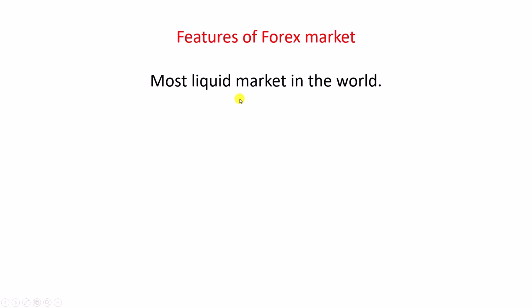So, a lot of trading happens in the world of Forex, mainly because we have currency as the asset here. If you take FIIs, if they want to invest in another country, then they would have to exchange their currency for the currency of the country where they are investing.